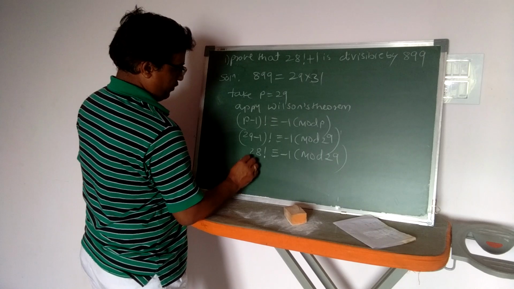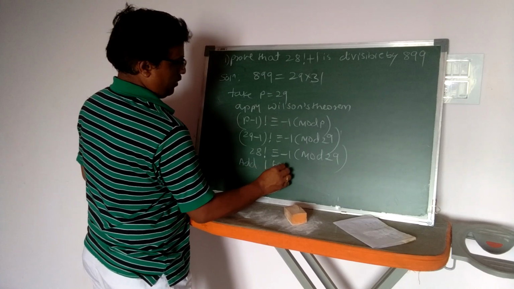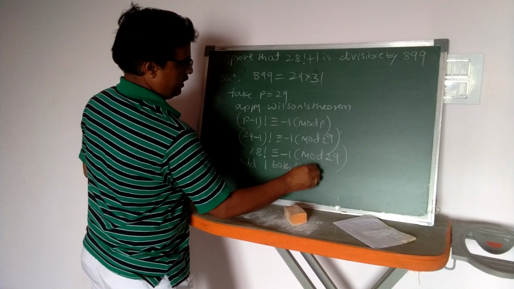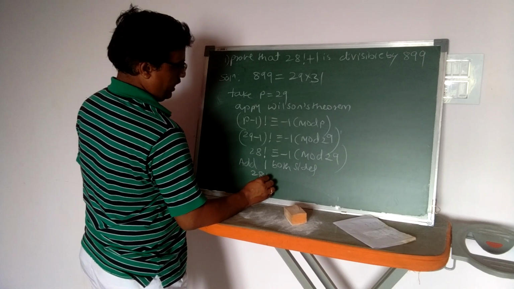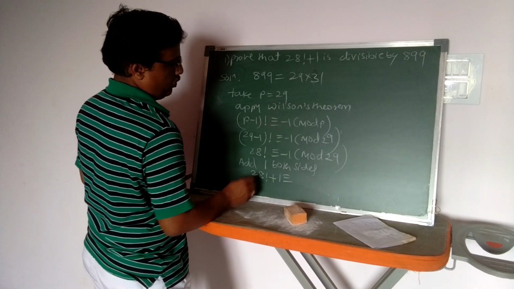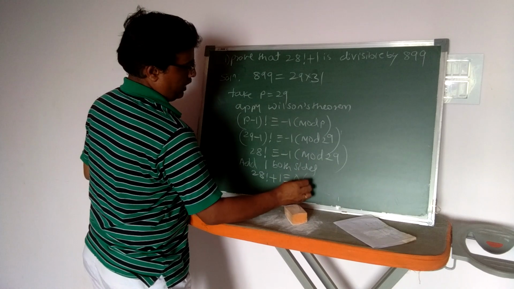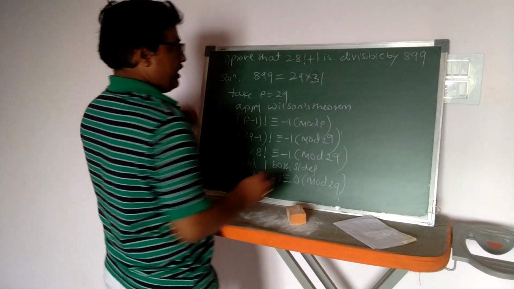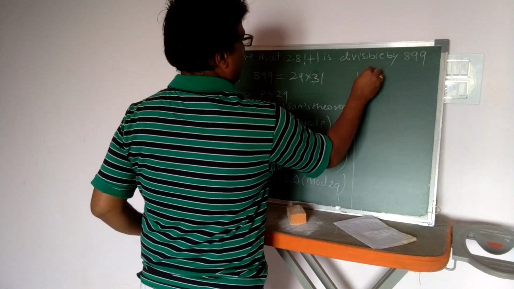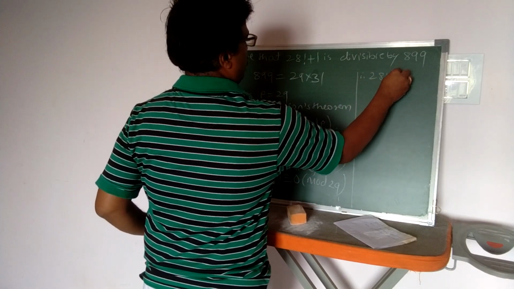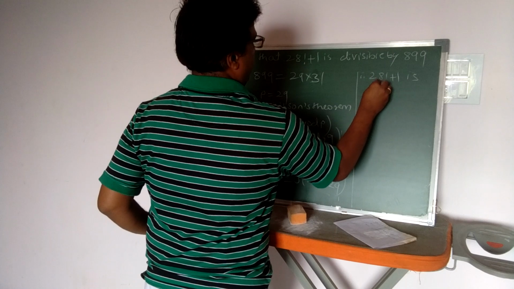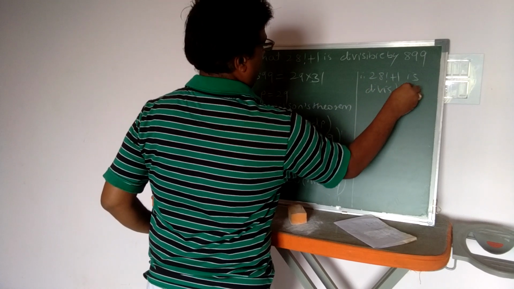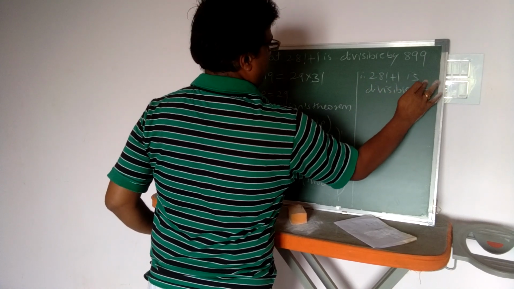Now add 1 both sides, which gives 28 factorial plus 1 is congruent to minus 1 plus 1, again gives 0, mod 29. So therefore 28 factorial plus 1 is divisible by 29.